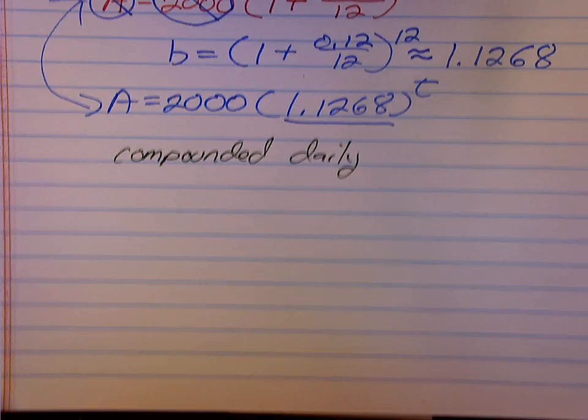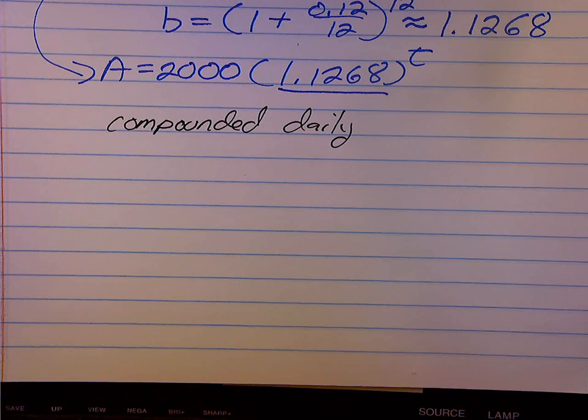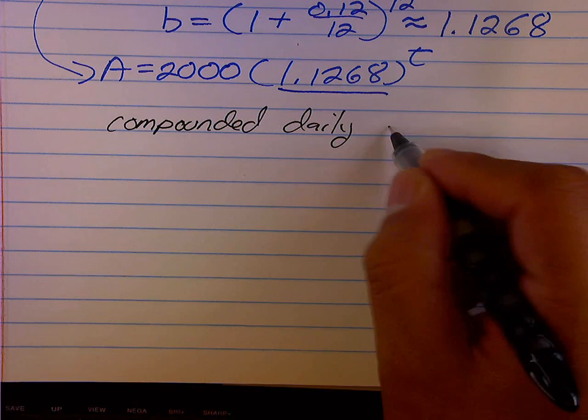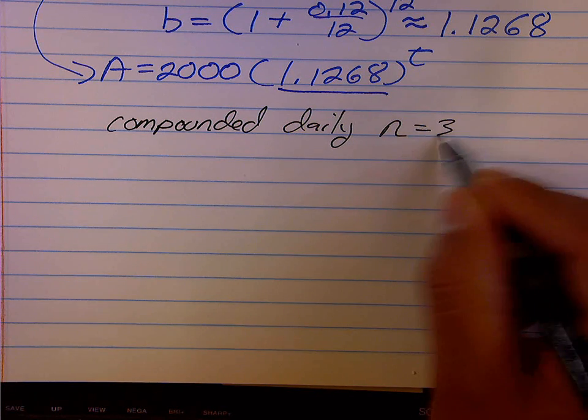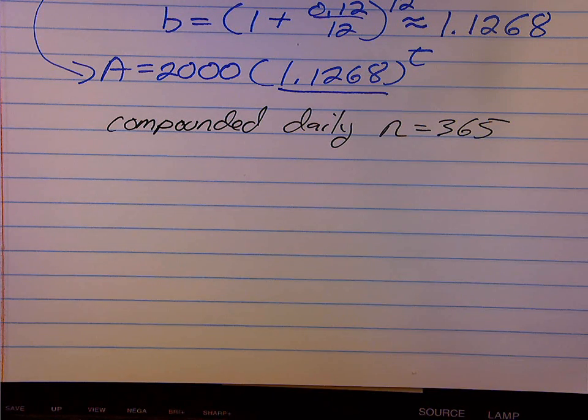Let's see what happens. When we compound something daily, n equals 365. So are we still paying the same 12%?